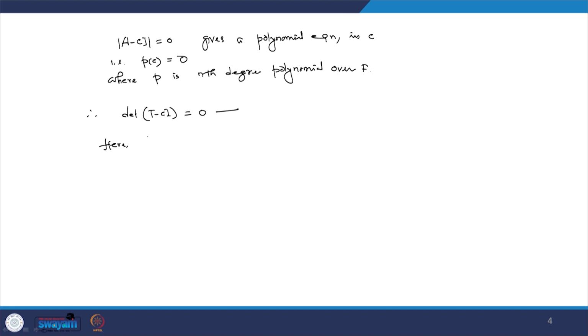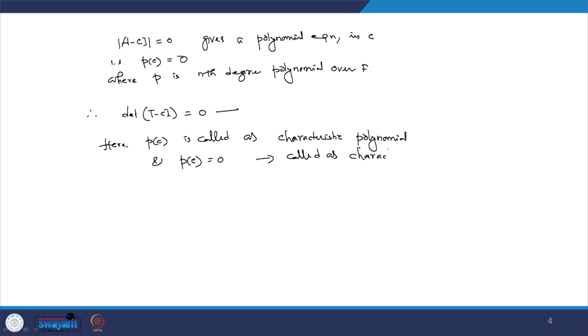Here this P(C) is called the characteristic polynomial, and P(C) equals 0 is called the characteristic equation.